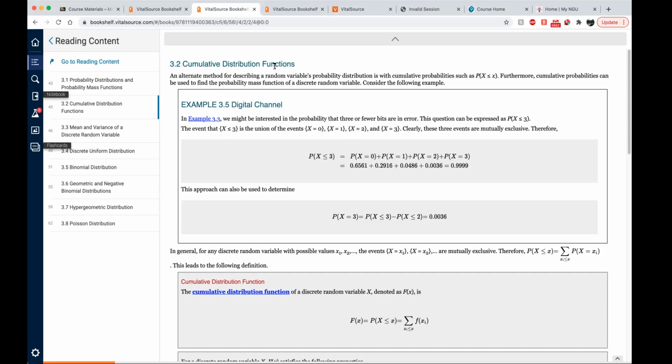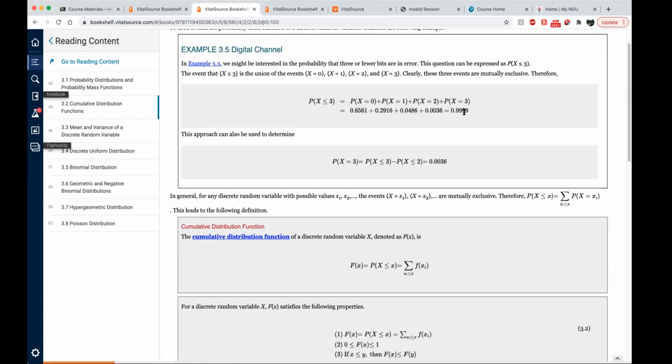The cumulative distribution function denotes a probability like this: the probability that x is less than or equal to specific values, or x is greater than or equal to specific values, but usually x is less than or equal to certain specific values. These values come from the data in example 3.3.